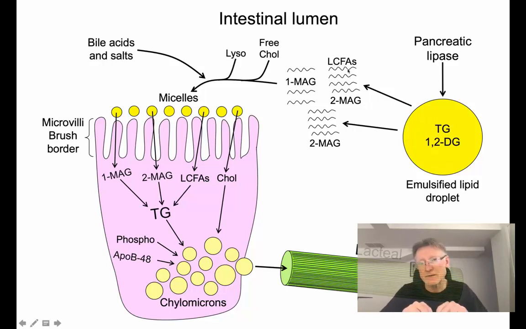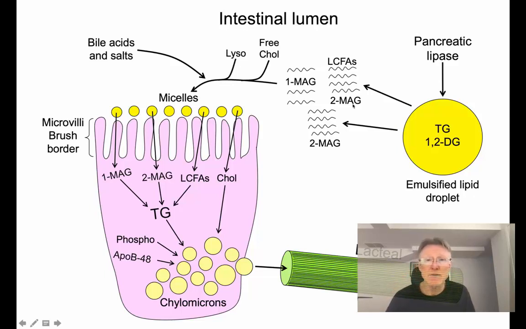These are fatty acids on their own because you chopped them off of the glycerol backbone, so they're separate. Not all of them are. You still have some that remain attached to the glycerol backbone, in position 2, so that's why it's called 2-MAG. MAG stands for monoacylglycerol. It's 2 because it's position 2 of the glycerol molecule that still has one fatty acid attached.